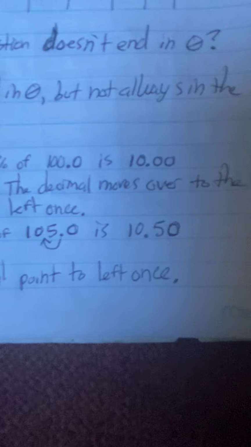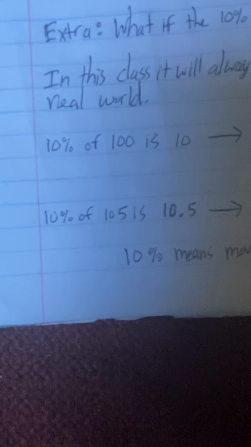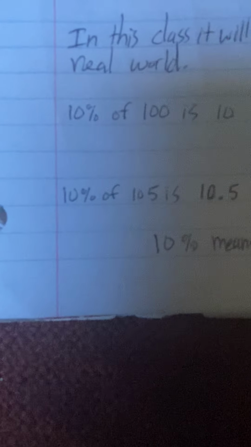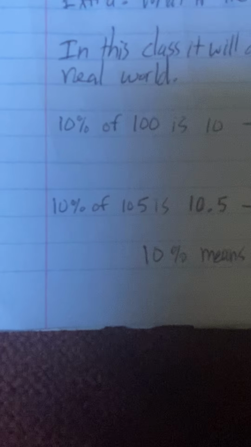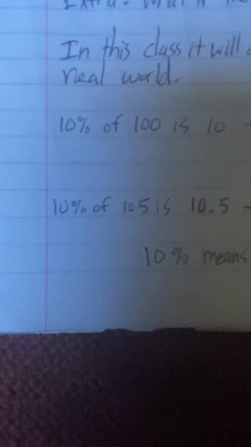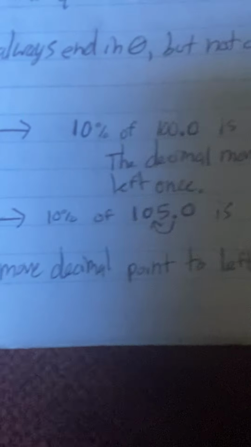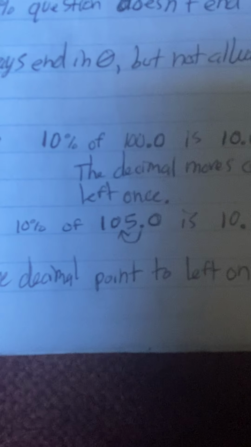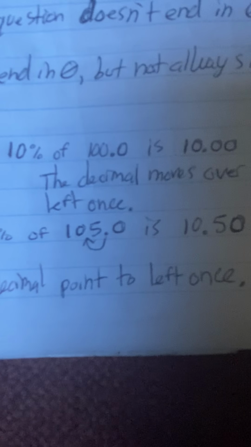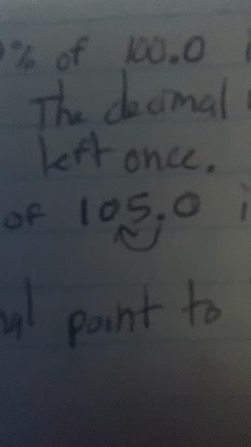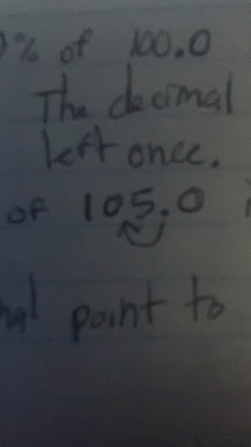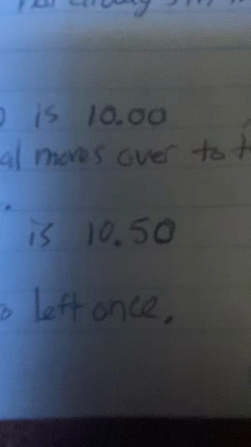But I put the decimal point here this time to show you what happens if it doesn't end in 0. So 10% of 105 is 10.5, okay? Let's show how. 10% of 105.0 is 10.50. And notice we move the decimal point over once to the left. And that's why we get 10.5, okay?